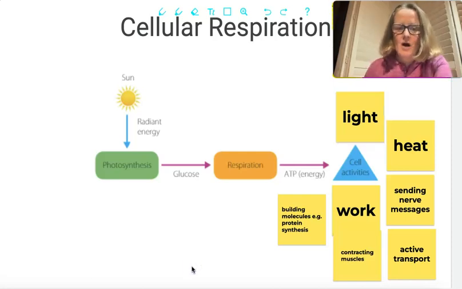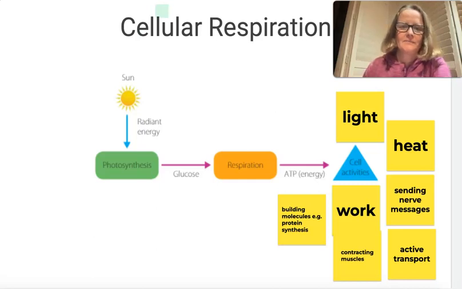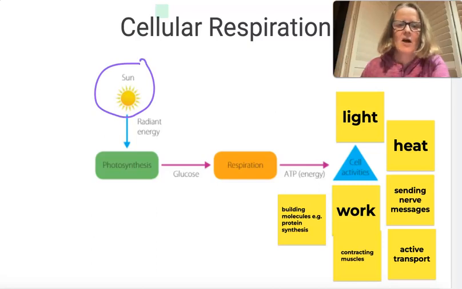And the energy arrives in an ecosystem via the sun. So we have the sun here. The sun feeds light energy or radiant energy into plants. Plants can photosynthesize.